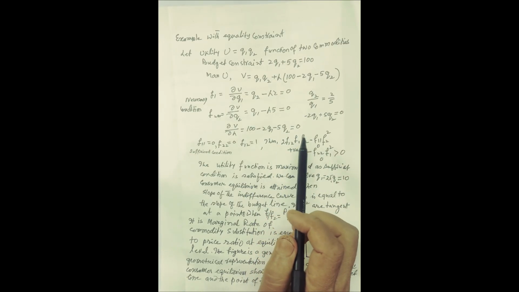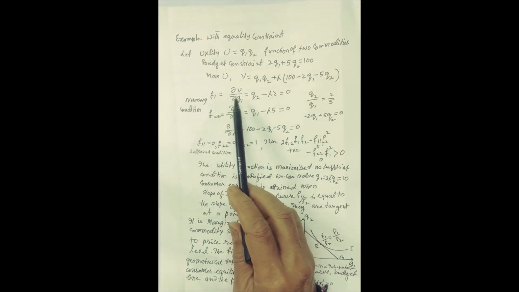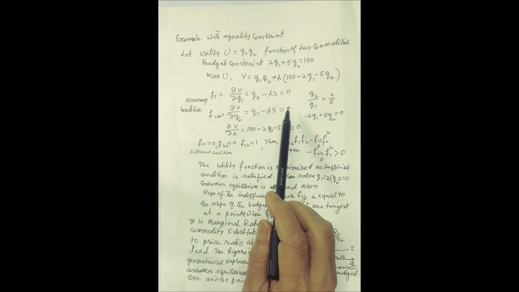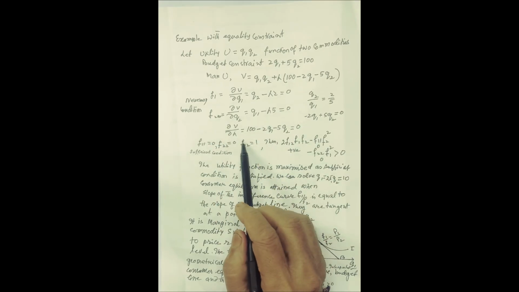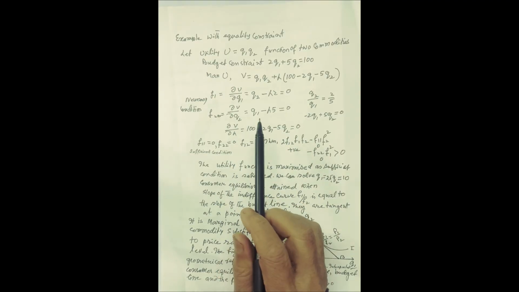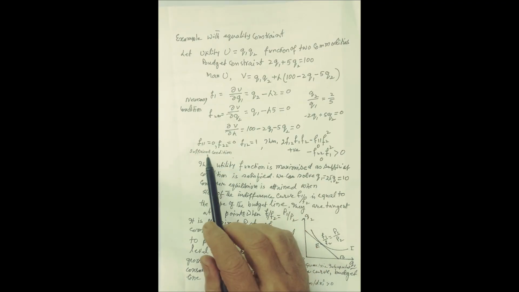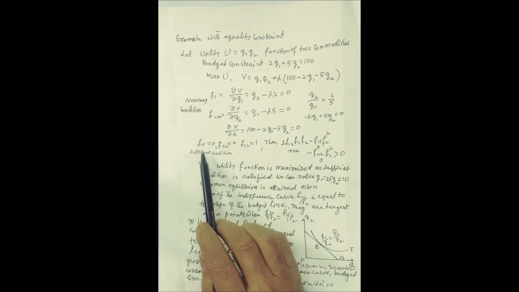So we are putting F1 is equal to 0, F2 is equal to 0, and the derivative with respect to lambda is equal to 0. Now, what is the second order condition or sufficient condition?